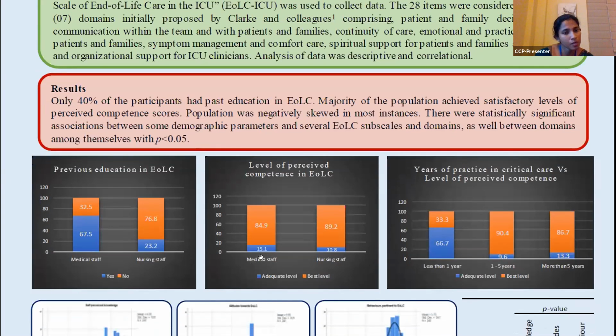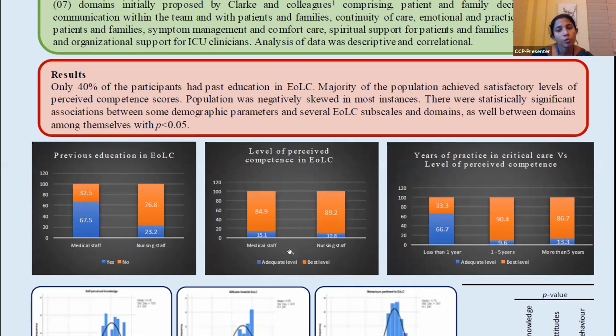Only 40 participants had passed education in end-of-life care, and the majority from the medical staff as well as the nursing staff, nearly 85 to 89%, had achieved best levels of perceived competence in end-of-life care, achieving best scores from the questionnaire. And correlating the level of perceived competence to years of practice in critical care, among the doctors was the only finding which was significant when we considered the subscales like doctors, nurses, and their subspecialties.